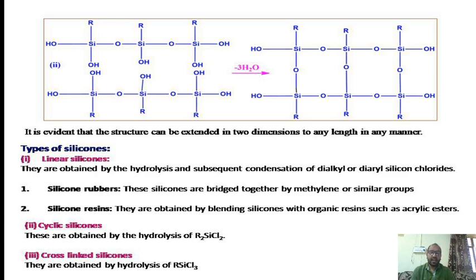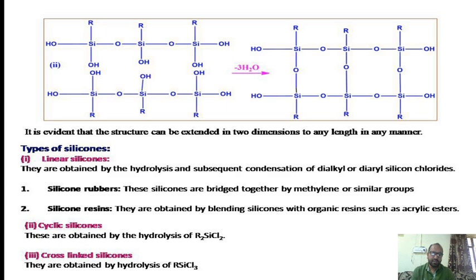Since we still have OH groups at the periphery of the chain, we can extend its length to any dimension in any manner. Now the types of silicones: we have linear silicones, cyclic silicones, and cross-linked silicones.